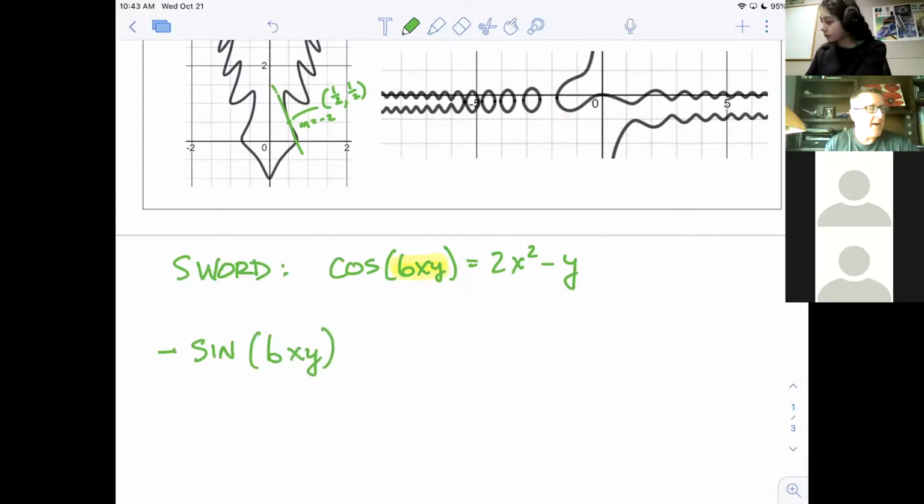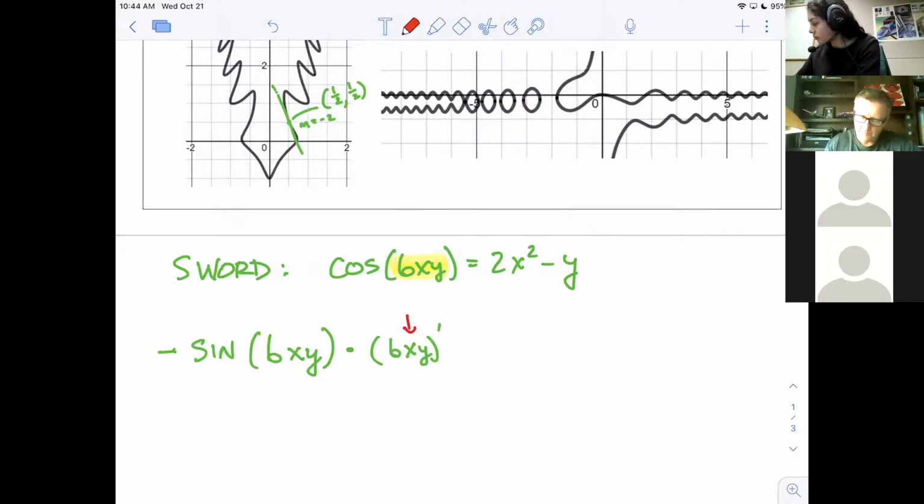Now chain rule says times the derivative of that stuff. And that derivative is not simple. You can't just look at it and go, oh yeah, there's the derivative. What should you be thinking when you look at the derivative of this expression? One of the rules should be jumping out at you.